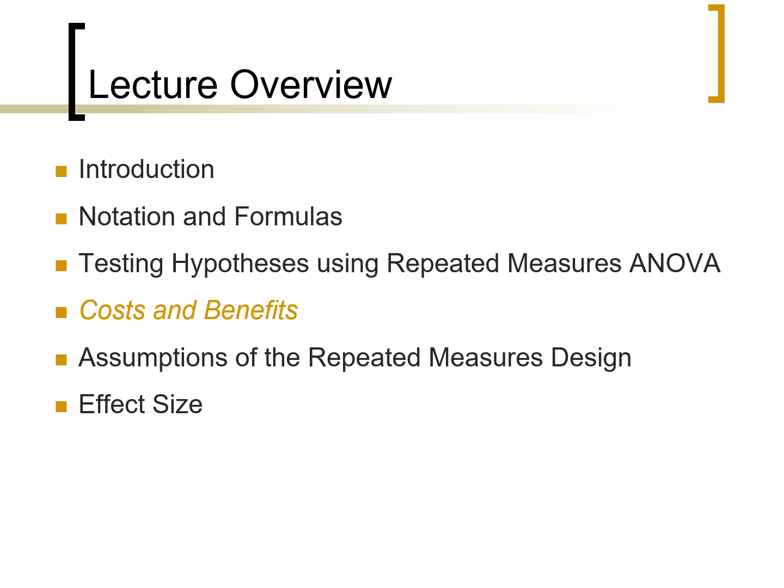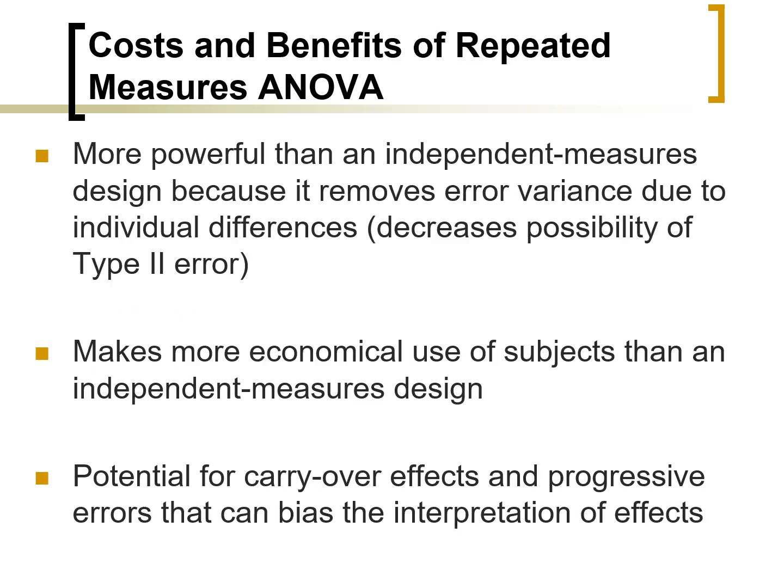So let's look at some of the costs and benefits. Hopefully this will be a little bit of a repeat compared to our discussion so far. Now the idea is a repeated measures design is a little bit more powerful because it can remove that individual difference or between subject variability.